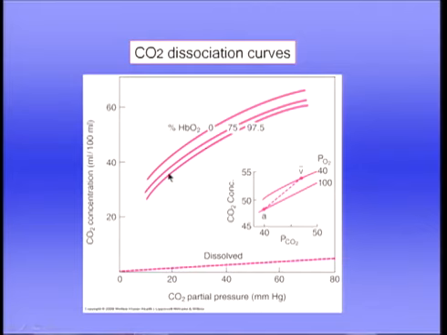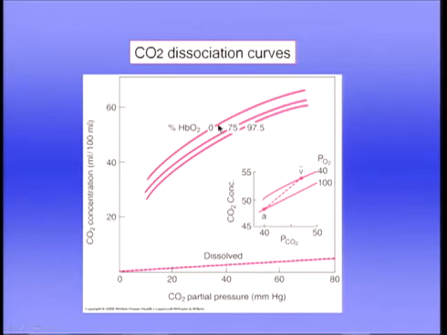And you can see immediately that the CO2 dissociation curve is steep, and it's almost linear in the working range, quite unlike the oxygen dissociation curve, which has this marked S shape and is very nonlinear. Another thing you'll see is that the amount of CO2 that can be combined, the CO2 concentration, at a given partial pressure is greater when you reduce the oxygen saturation of the hemoglobin.